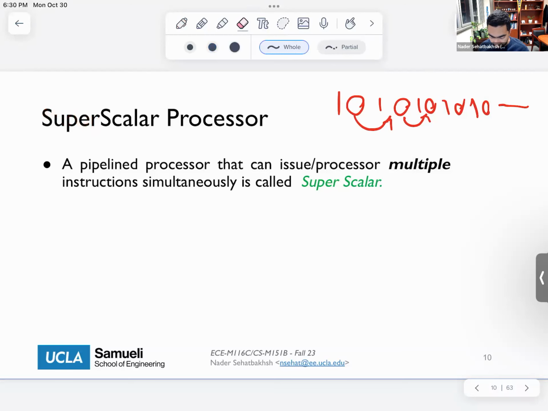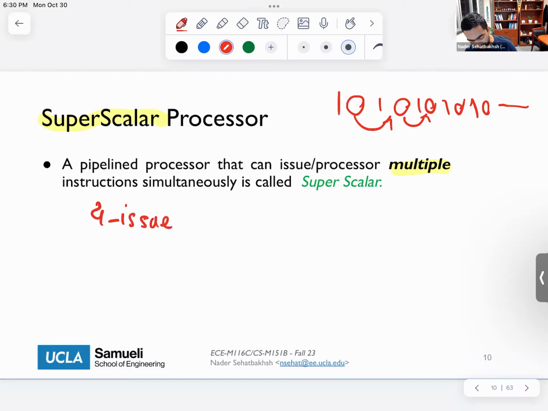So now a SuperScalar processor is this concept that basically says that we can issue or run multiple instructions simultaneously at each stage, okay? So for example, if I say this is a 4 issue SuperScalar, it means that I can fetch 4 instructions at a time, decode 4 instructions at a time. I'm going to talk about what exactly an issue is, but for now, assume this.